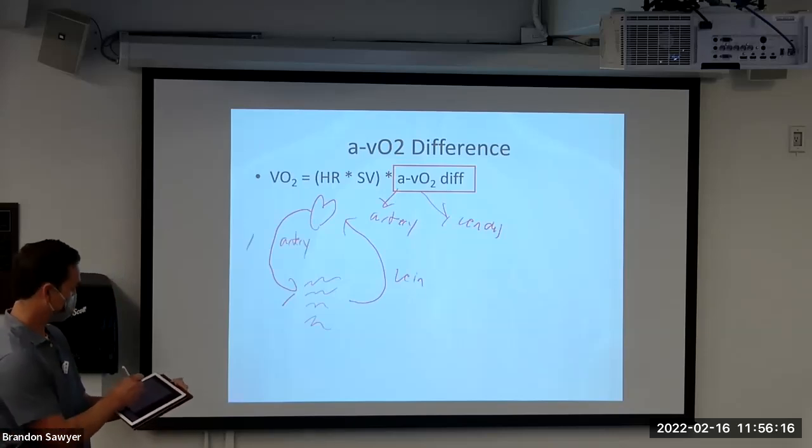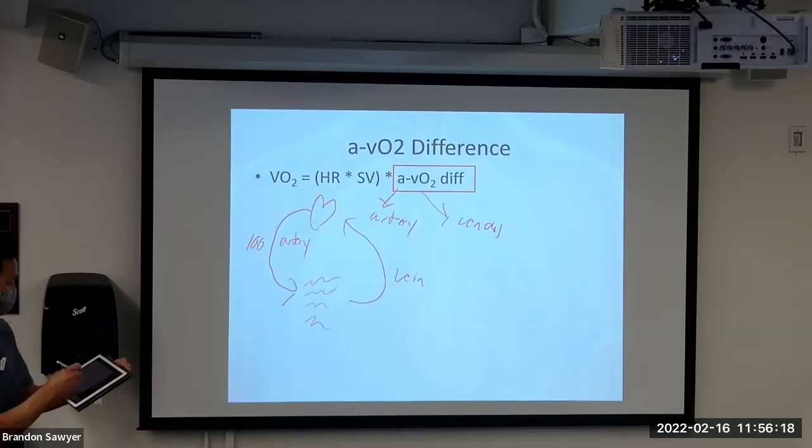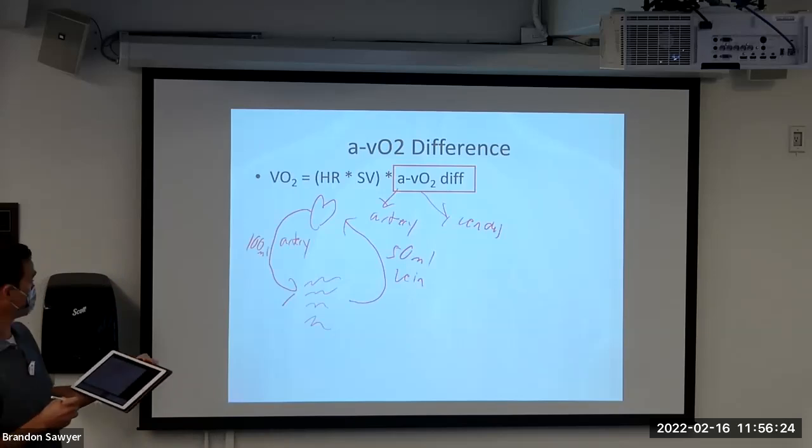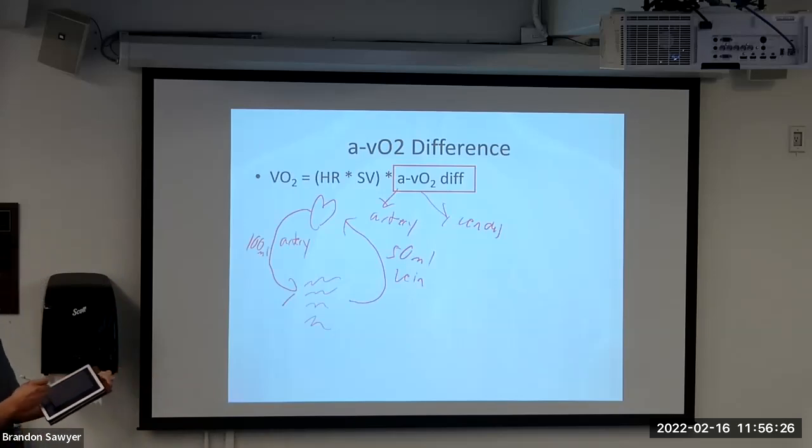If we have 100 milliliters of blood going in with 100 mils of oxygen in the artery, and only 50 mils left over in the veins, that means we extracted 50 mils of oxygen when it went through those capillaries.